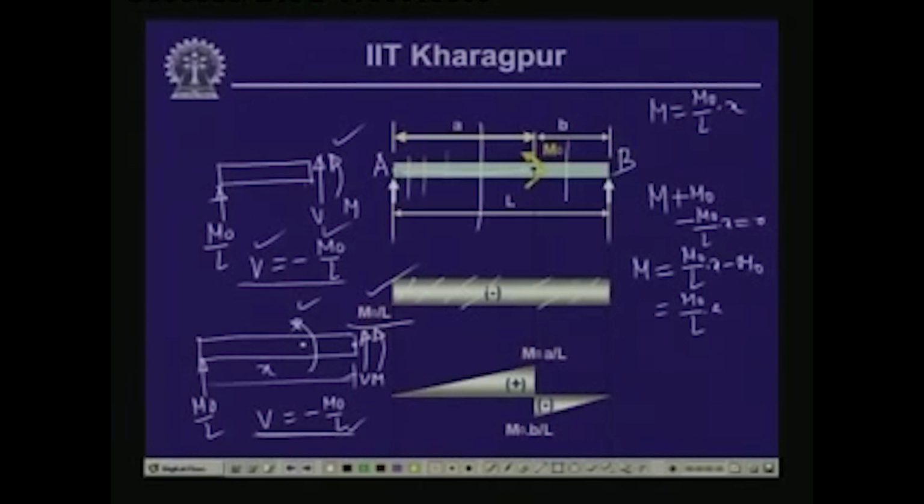So, up to this particular point, x is varying linearly. When x equals 0, the bending moment is 0. When x equals a, the bending moment is m0 times a by L. So, this is the value of the bending moment over here.